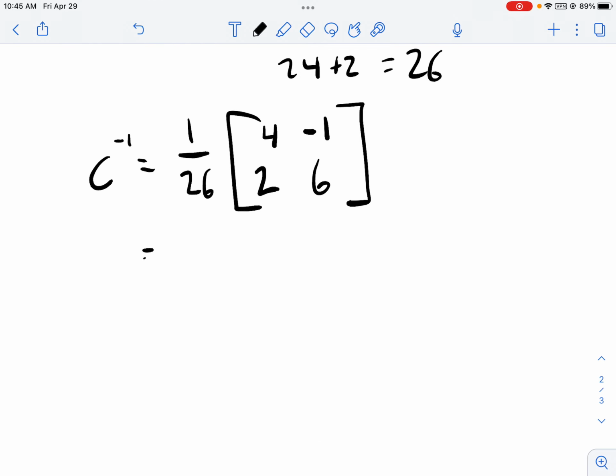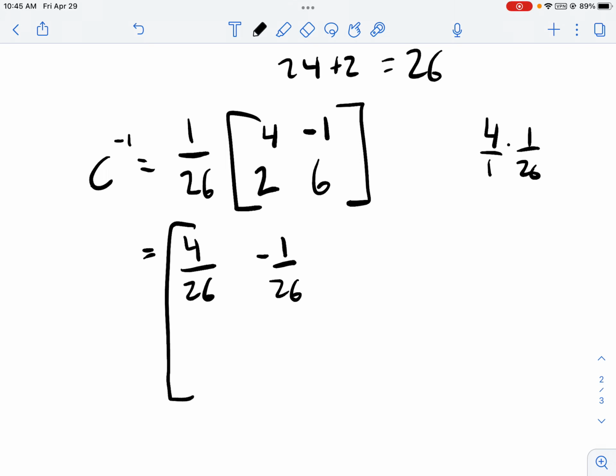So remember, 4 times 1 over 26. 4 is technically 4 over 1. Numerator with numerator, denominator with denominator. So you get 4 over 26, and then negative 1 over 26, 2 over 26, and 6 over 26.